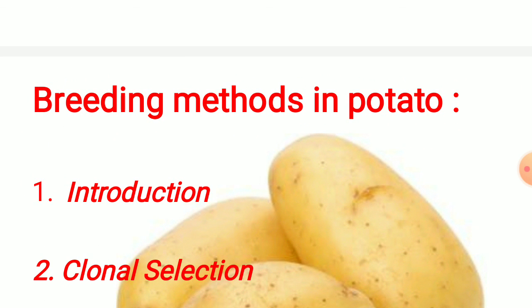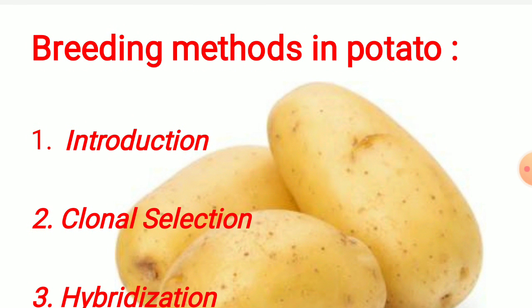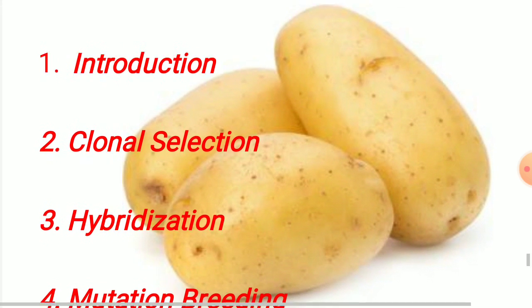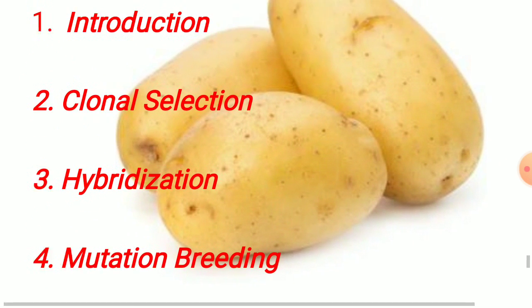Then these are 4 common breeding methods taken in consideration for improvement of potato: introduction, clonal selection, hybridization, and mutation breeding.